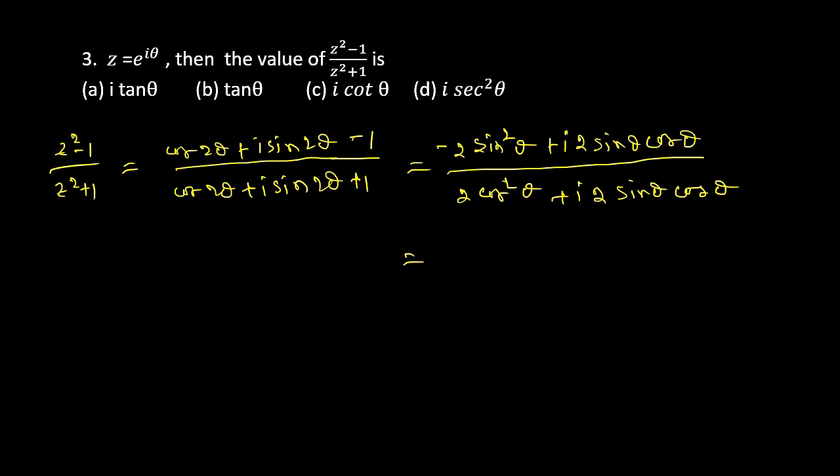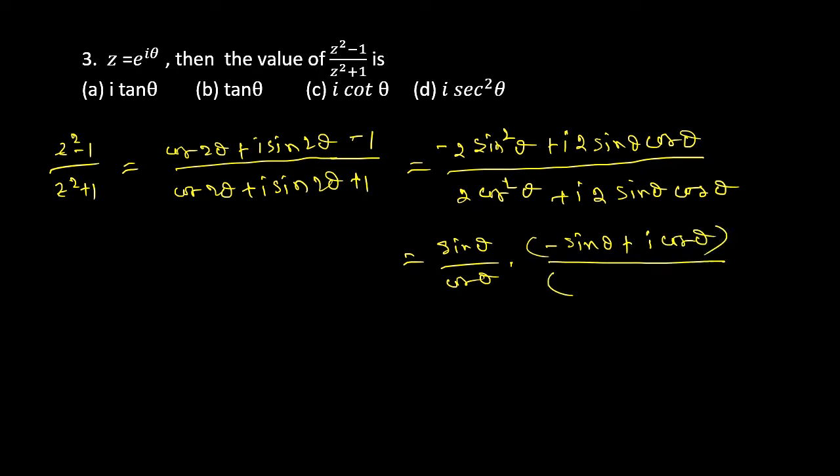Then we can take common sin theta from numerator and cos theta from denominator. Then we get sin theta by cos theta into (-sin theta + i cos theta)/(cos theta + i sin theta).